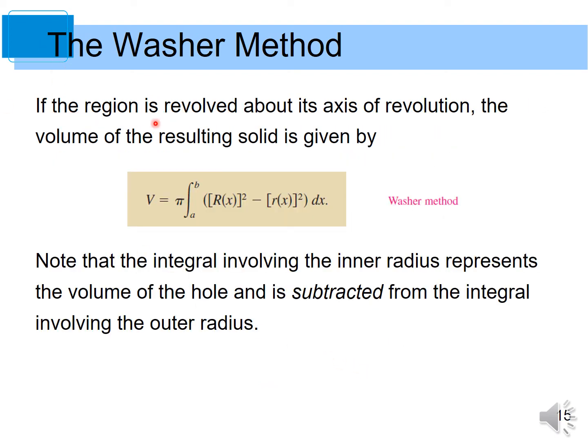If the region is revolved about its axis of revolution, the volume of the resulting solid is given by this washer method. Note that the integral involving the inner radius represents the volume of the hole and is subtracted from the integral involving the outer radius.